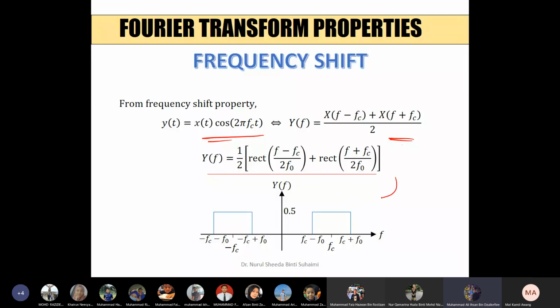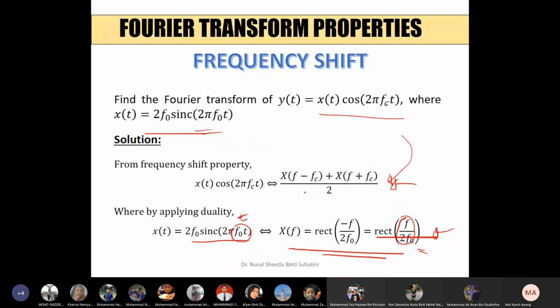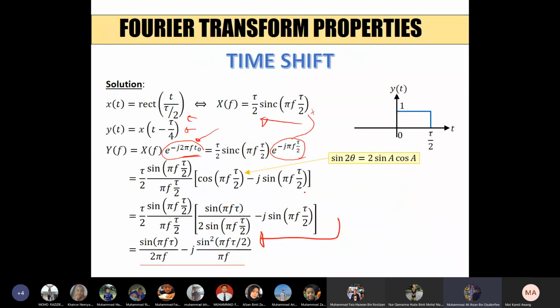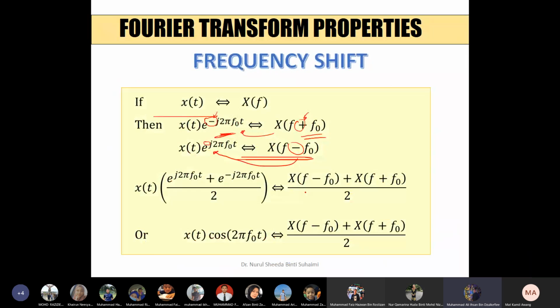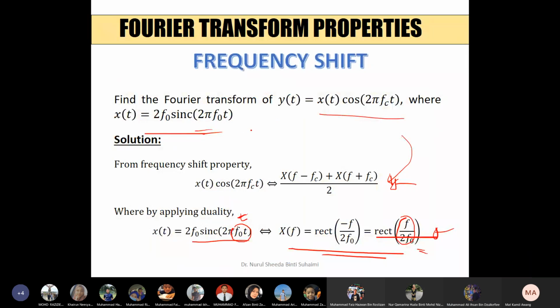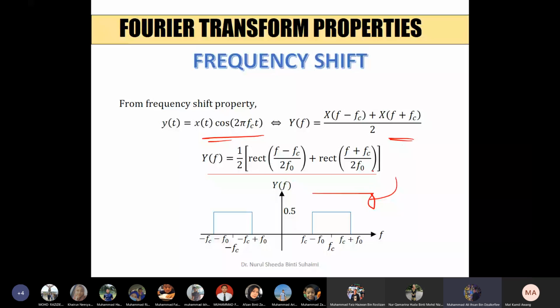So if we draw, this is the function. So this actually is this one, finally transforms into this, right?